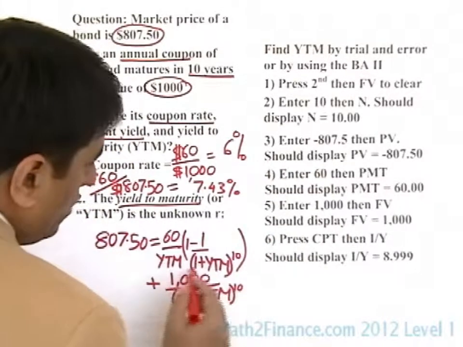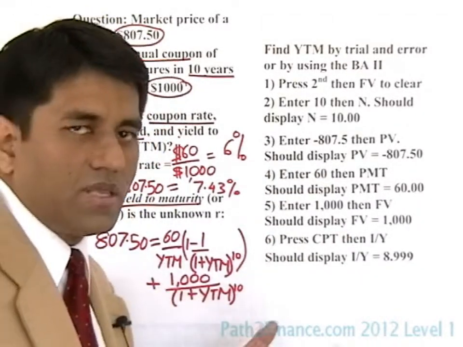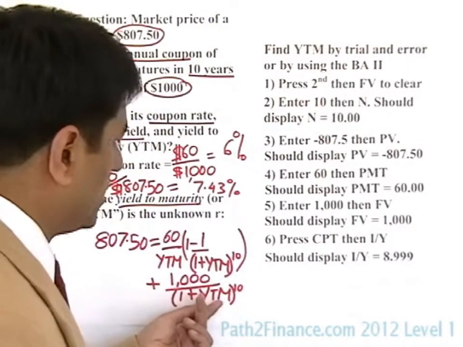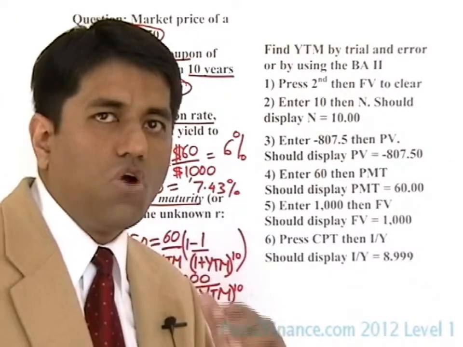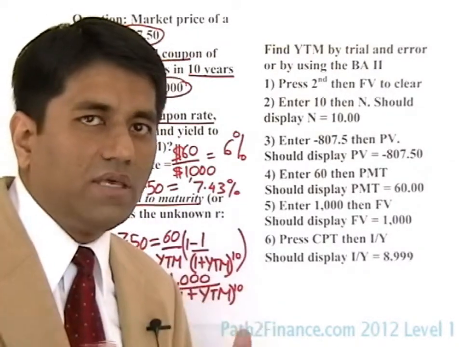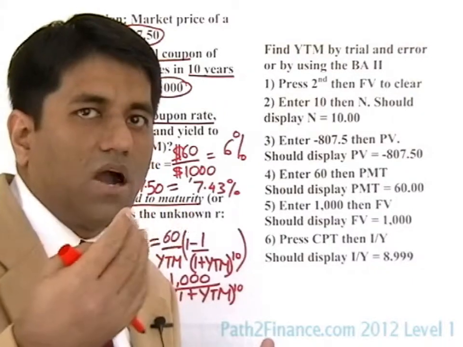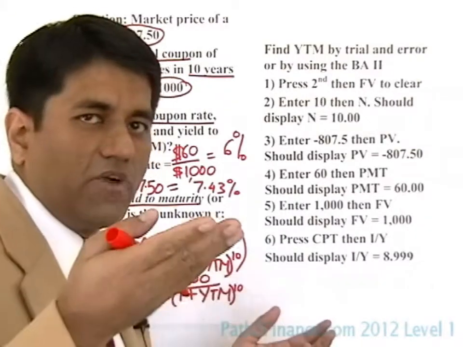And this you can solve by either using a financial calculator or using trial and error. You try a particular value for yield to maturity. If the price turns out to be too high, then you increase the value of yield to maturity, because that means that the cash flows have not been discounted at a high enough rate.